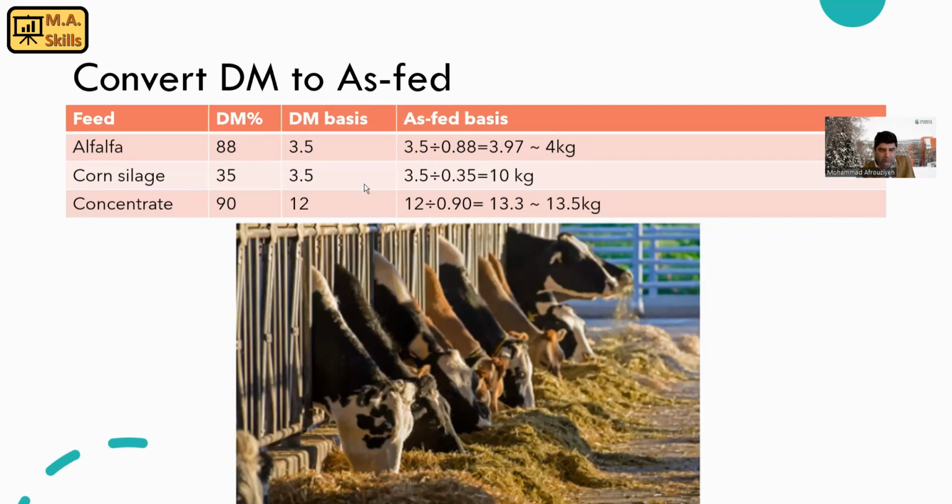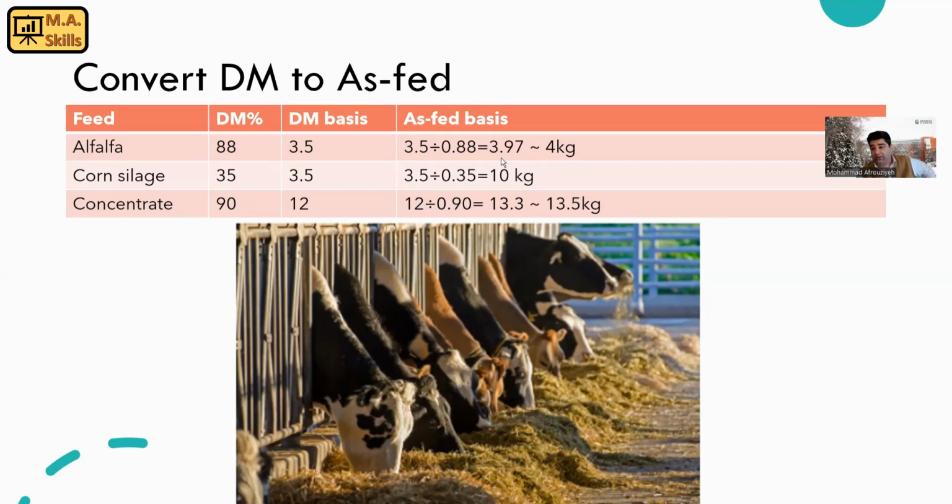And for the corn silage, because it has too little DM, let's say just 35% DM, if I divide the amount of corn silage, 3.5, by the amount of dry matter, it's going to give me 10 kilos.